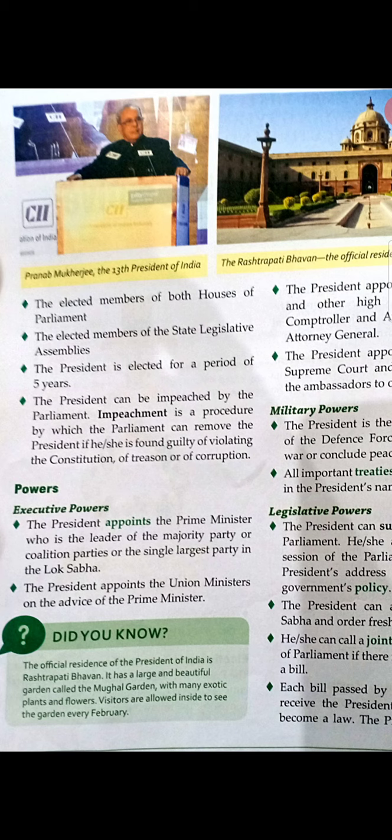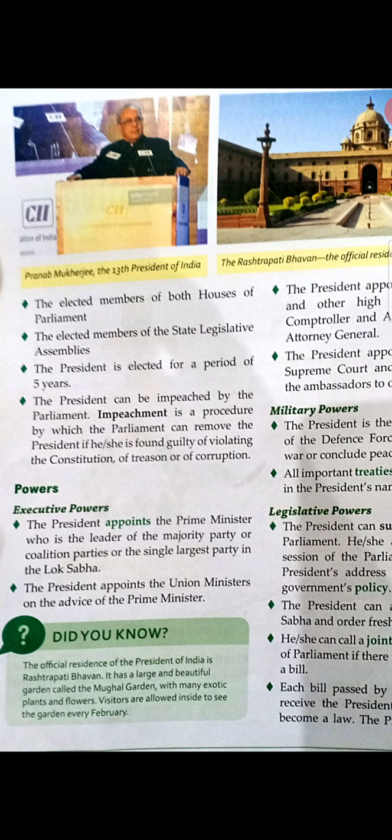Second, the President appoints the union ministers on the advice of the Prime Minister. Now when the party which makes the government, children, finally has its own Prime Minister, the Prime Minister advises the President, and on his advice the President appoints the union ministers, his cabinet ministers.